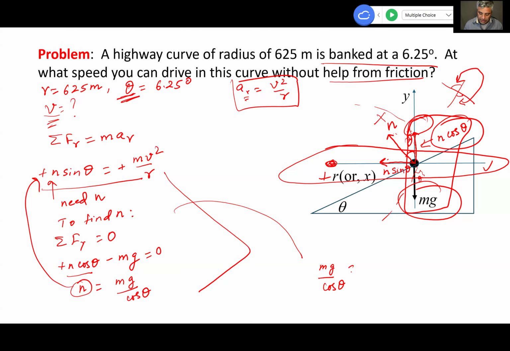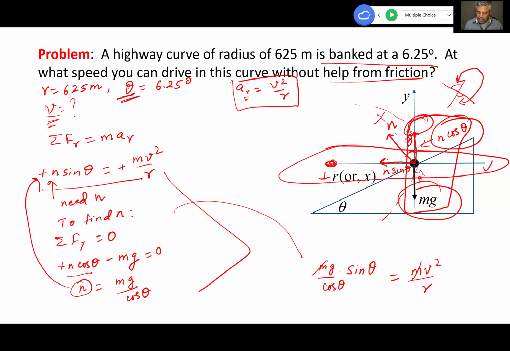And then there is sine theta multiplying N, so I need to multiply this by the sine. That is the left-hand side. Right-hand side is mv squared over r. Now see, the mass cancels. So that's why we need to learn how to solve the equation in terms of variables. You cannot just plug in numbers in physics.